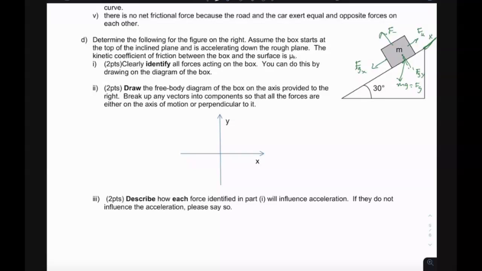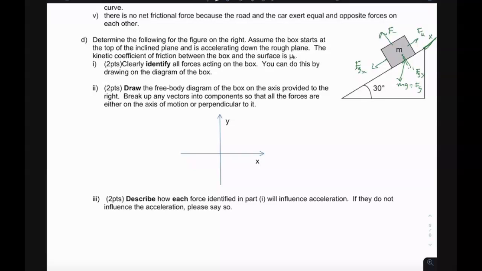In the second part of the problem, draw the free body diagram of the box on the axis provided to the right. It's actually below. Break up any vectors into components so that all the forces are either on the axis of motion or perpendicular to it.